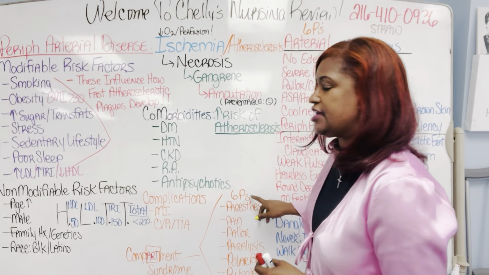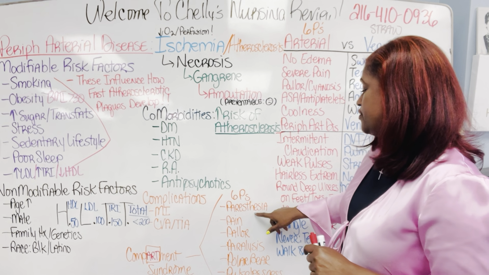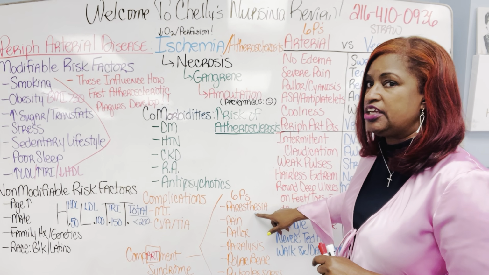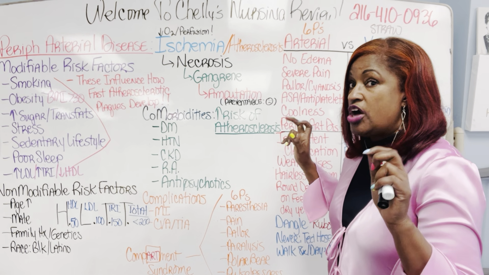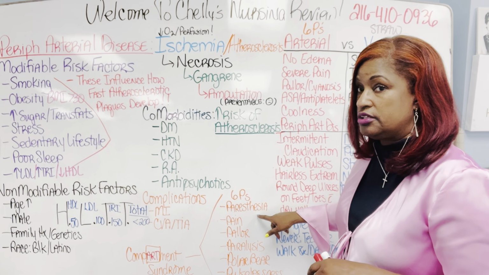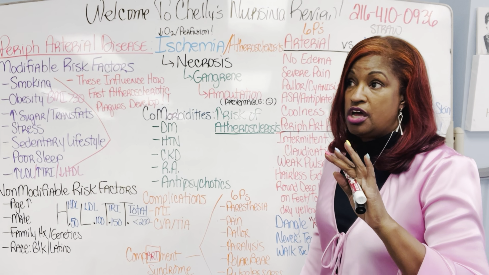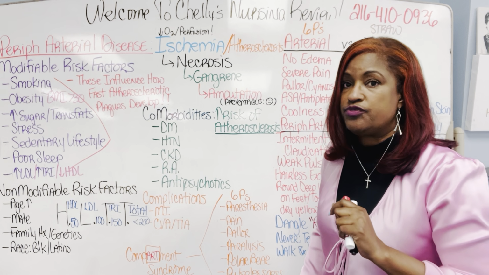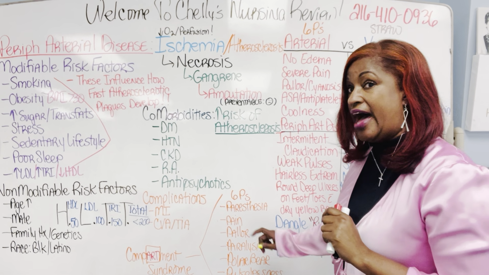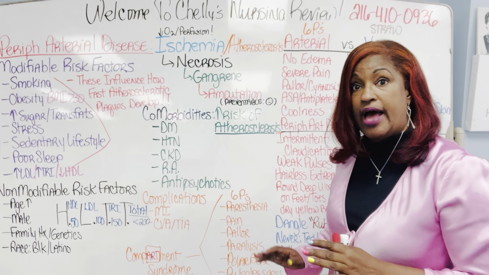So let's look at the 6 P's, 7 P's, maybe a few P's in there. Paresthesia, which is that numbness and tingling that makes you feel like you have pins and needles, like when your limb falls asleep. Pain, remember, is unrelieved with medication. Pallor, meaning lack of color. Paralysis.